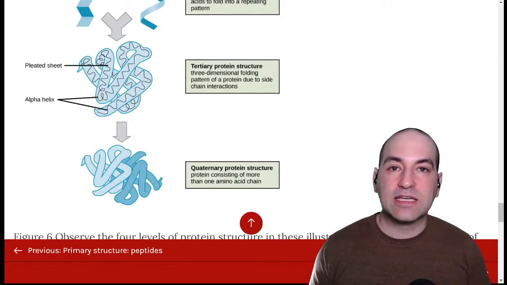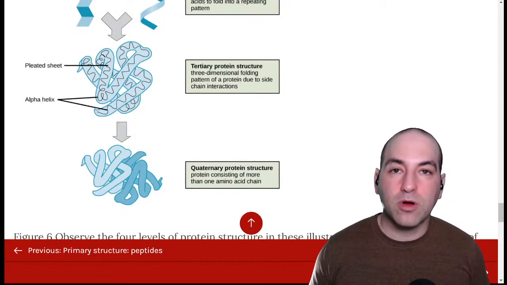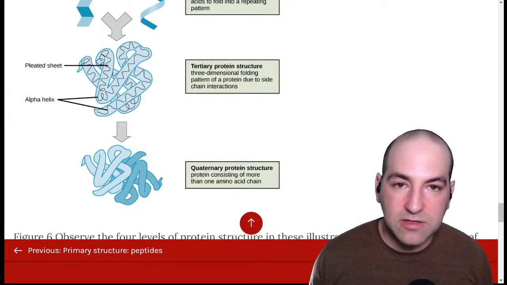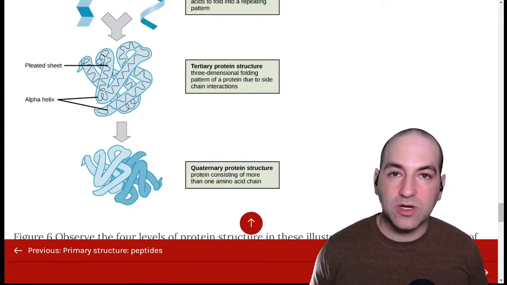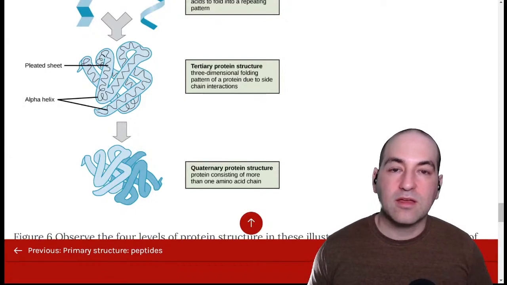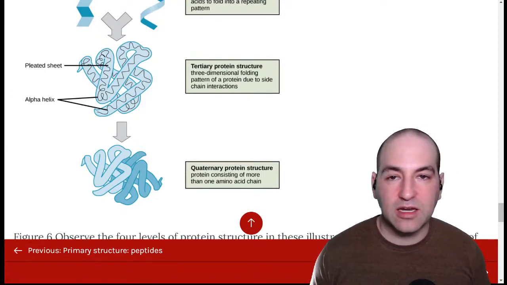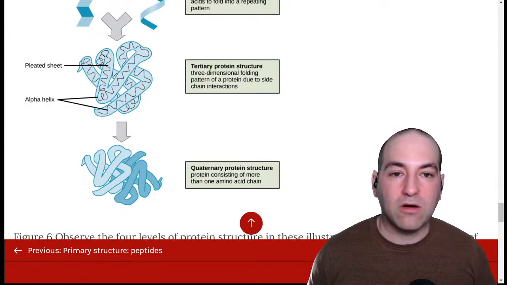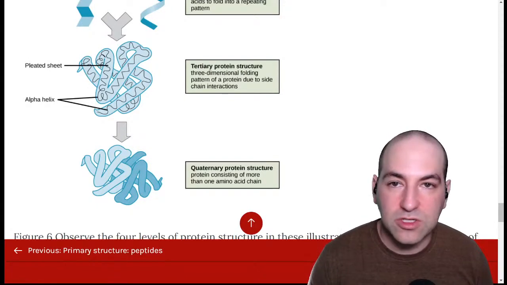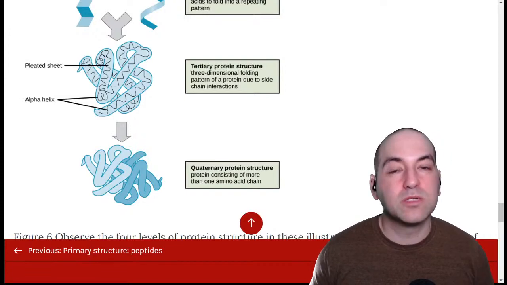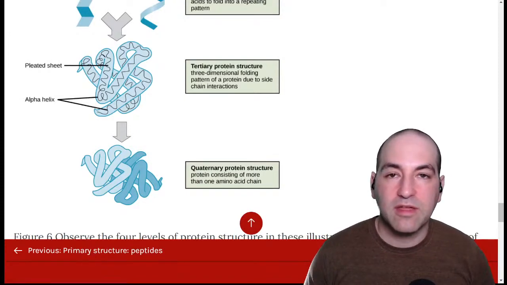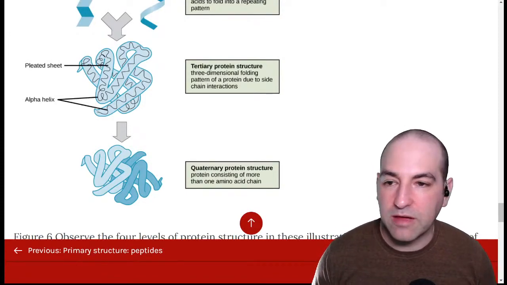Then the amino acids link together to form the protein. If we're talking about the sequence of amino acids, that's the primary structure. The helix and the sheet, that's the secondary structure. How it all folds onto itself, that's the tertiary structure. And how multiple chains come together, that's the quaternary structure, the 4th level.